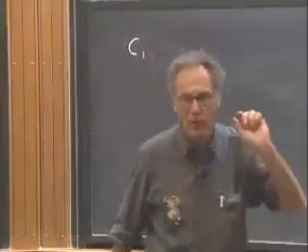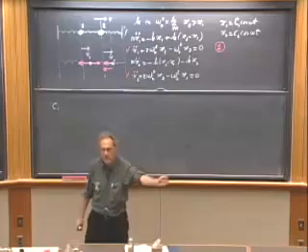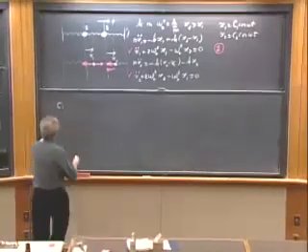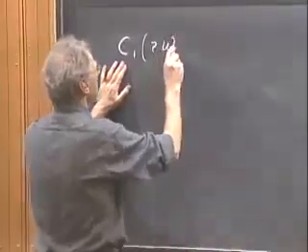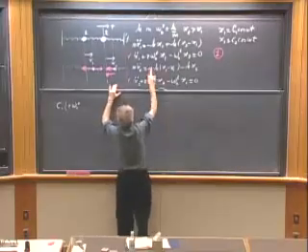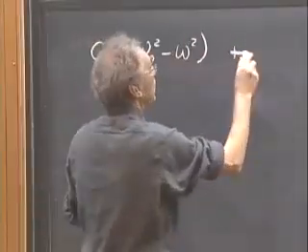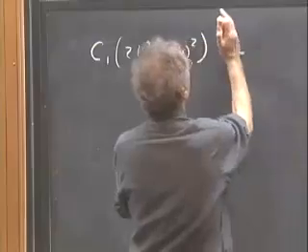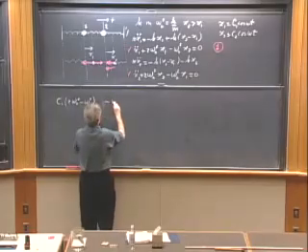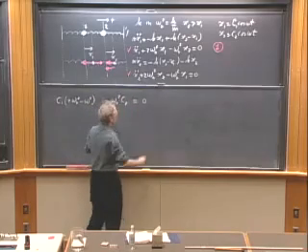Now x1 double dot gives me a minus omega squared, right? If I take cosine omega t and I do the second derivative, I get minus omega squared in front of it. So I get c1 times 2 omega 0 squared minus omega squared. And then I get minus omega 0 squared times c2, and that equals 0.